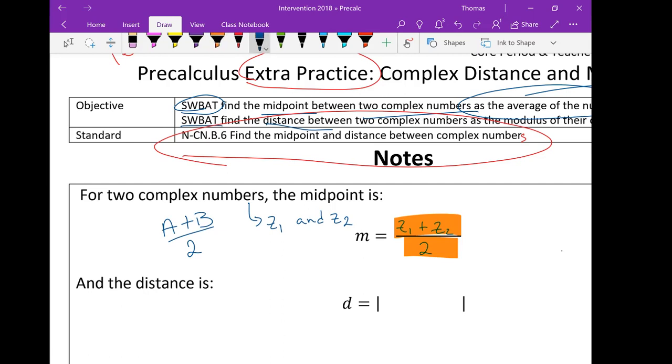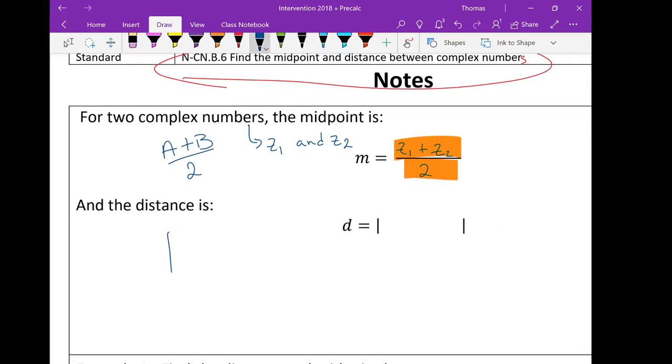For the distance, in the lesson we saw it was the modulus of a minus b. Again, I'm just going to write it a different way with z1 and z2. It's going to be the modulus of z1 minus z2. So these two formulas are what we need to find distance and midpoint.